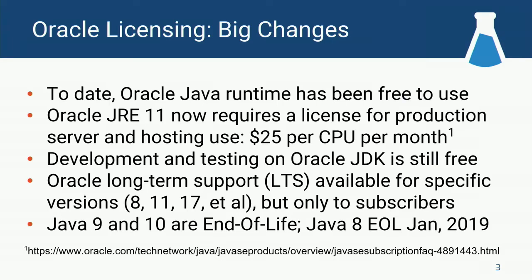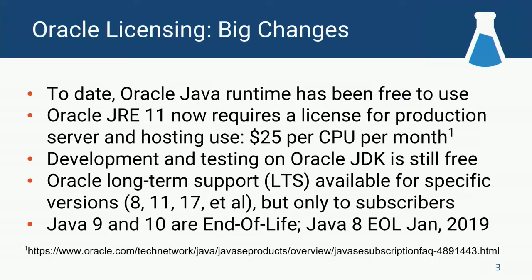I said there are these 6-month releases, right? Every 6 months, and support ends immediately. Well, it's really public support that ends immediately. There are certain versions of Java for which Oracle is going to provide long-term support, or LTS. They are targeting specific versions as the LTS versions. They've announced Java 8, 11, and 17 are all going to be long-term support versions.